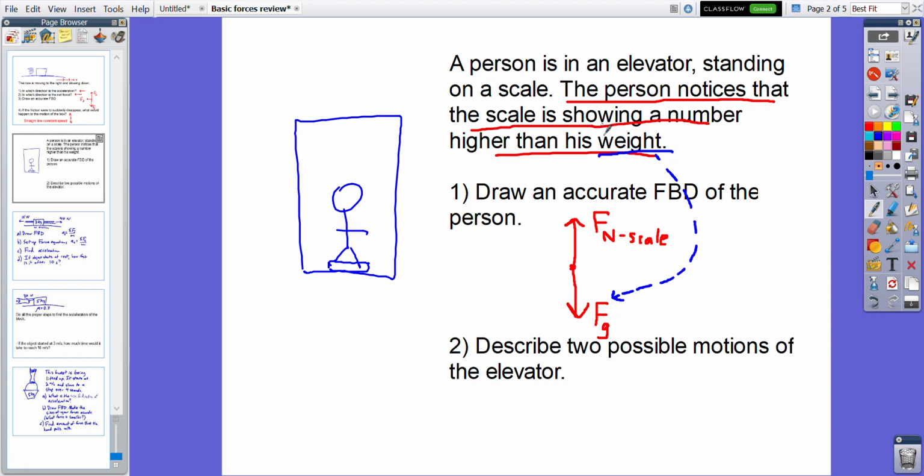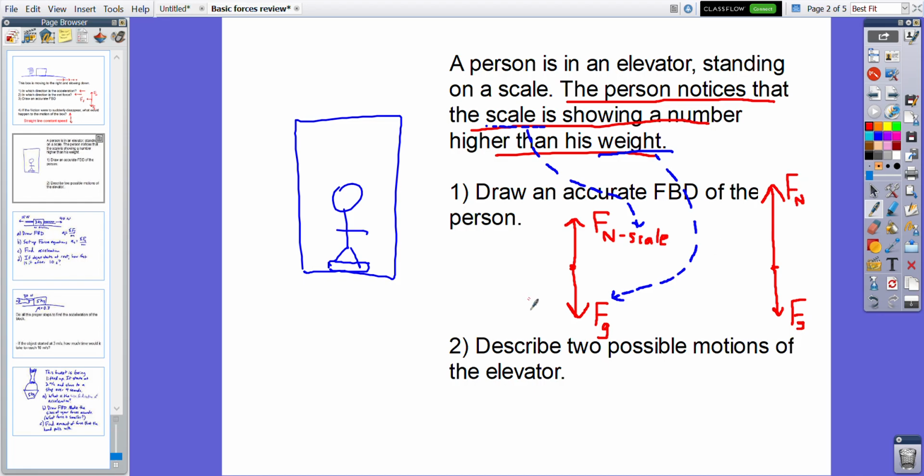So when I say the scale is showing a number that's higher than gravity, what I'm saying is that this upward arrow is bigger than that downward arrow. So if I want to draw this accurately, I'd have to draw the upward arrow bigger than the downward arrow. Okay, this is what an accurate FBD would look like.